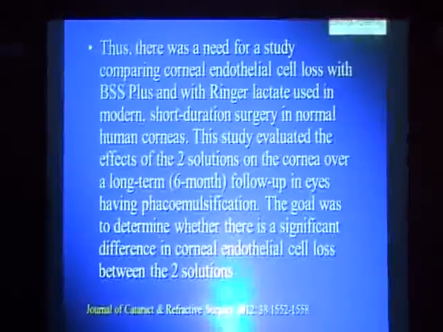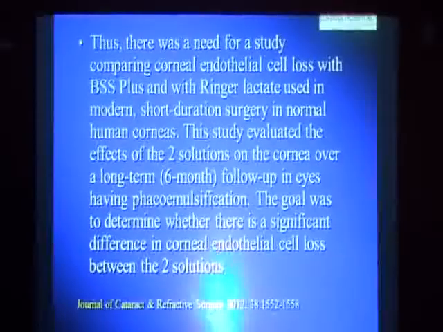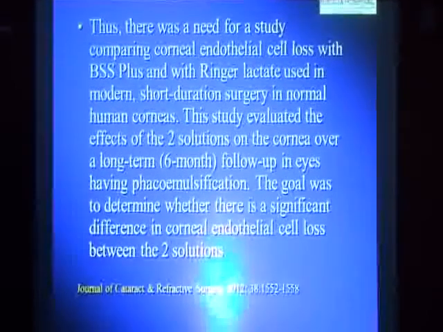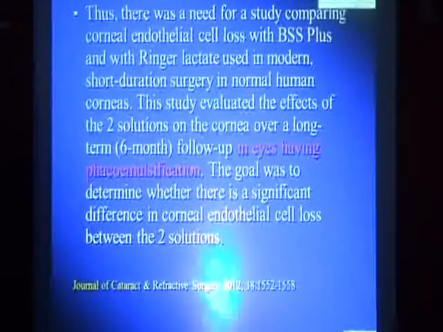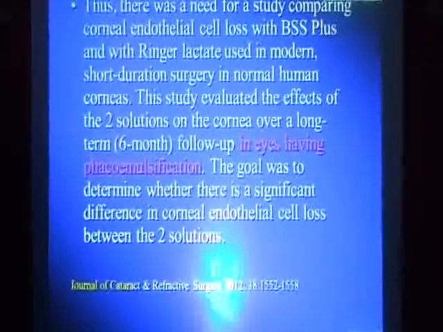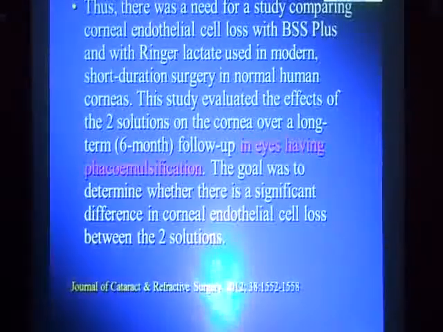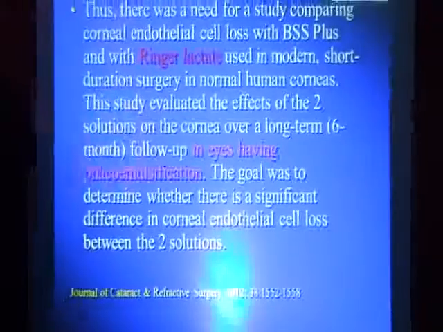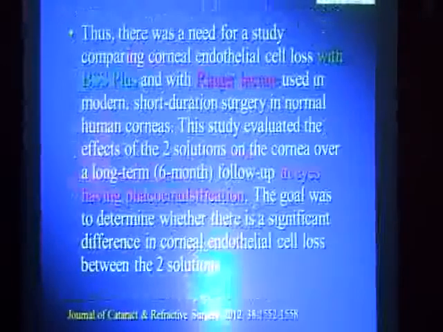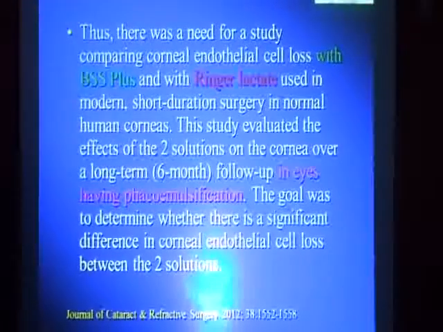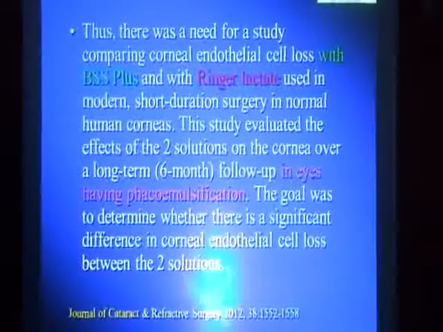But just look at this. There is a research question in a published article in the Journal of Cataract and Refractive Surgery. If you see these 2 sentences, all 5 elements are there. In eyes having phacoemulsification, that is the population. Ringer lactate solution is your intervention, compared to BSS Plus, that is your comparison.